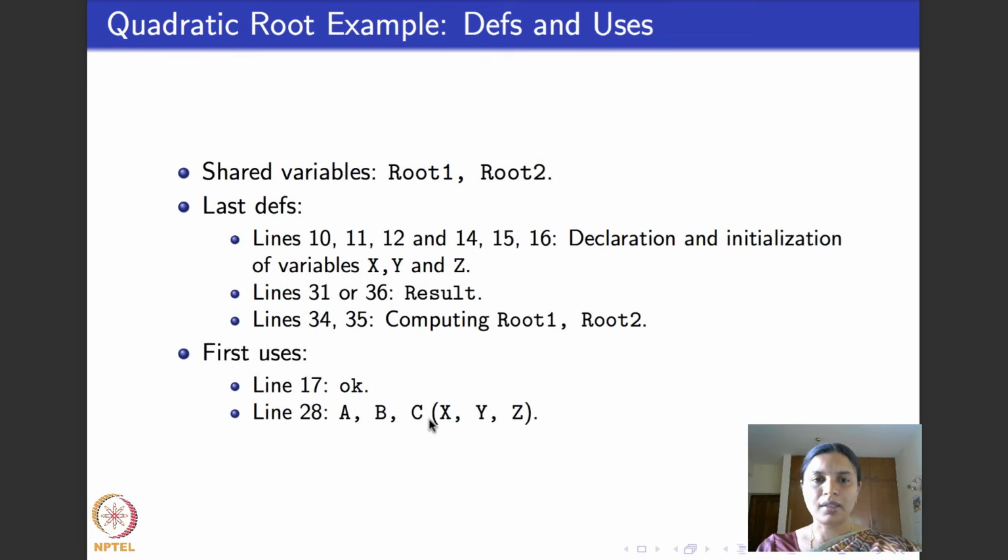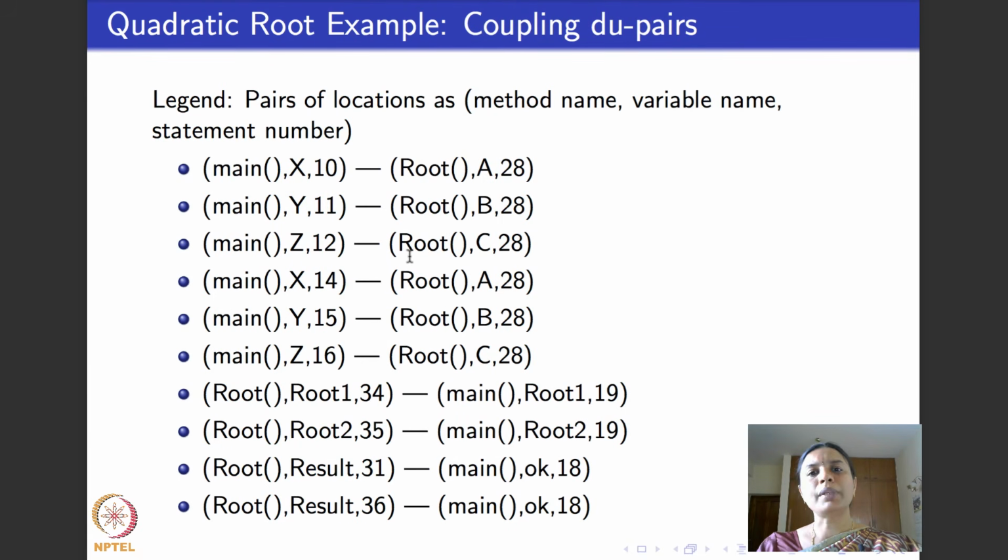We saw this. Now, what are the coupling DU pairs? As I told you, x is coupled with a, y is coupled with b, z is coupled with c. Main method calls root and passes x, y and z, taking x, y and z as input in lines 10, 11, 12 or at lines 14, 15, 16. Wherever they are taken as input, they are passed as a, b and c respectively at line 28.